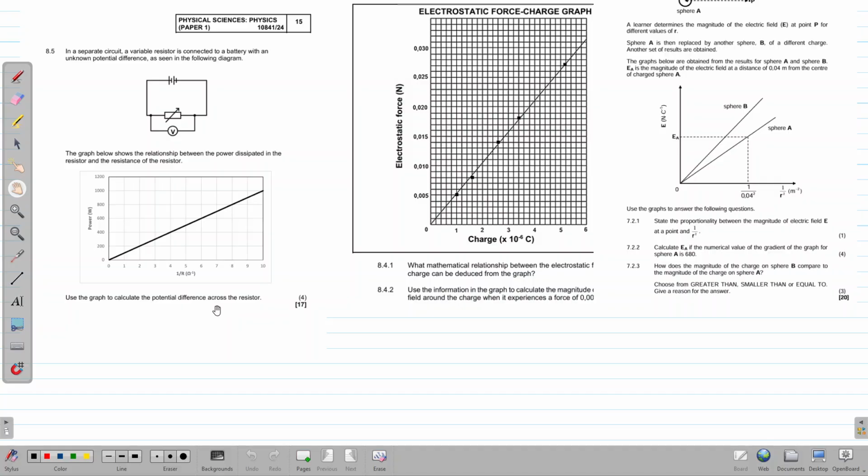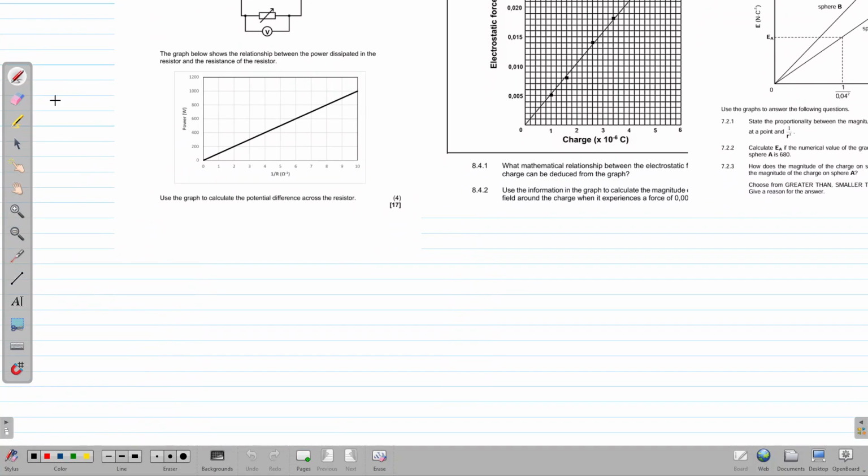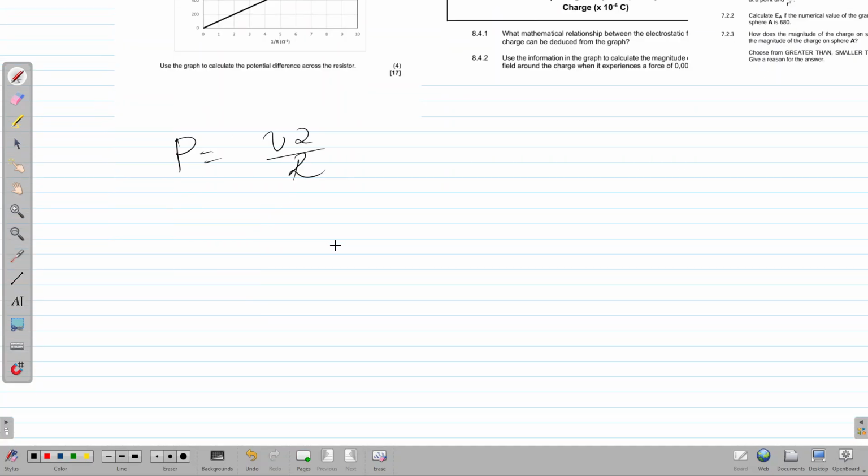What we are asked to calculate is the potential difference, and the information contains power and resistance. So the first step is to establish the equation that relates the three variables.